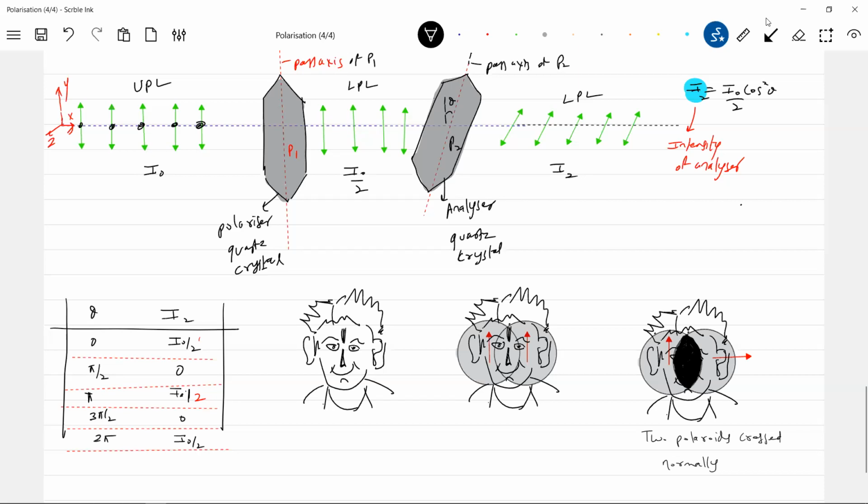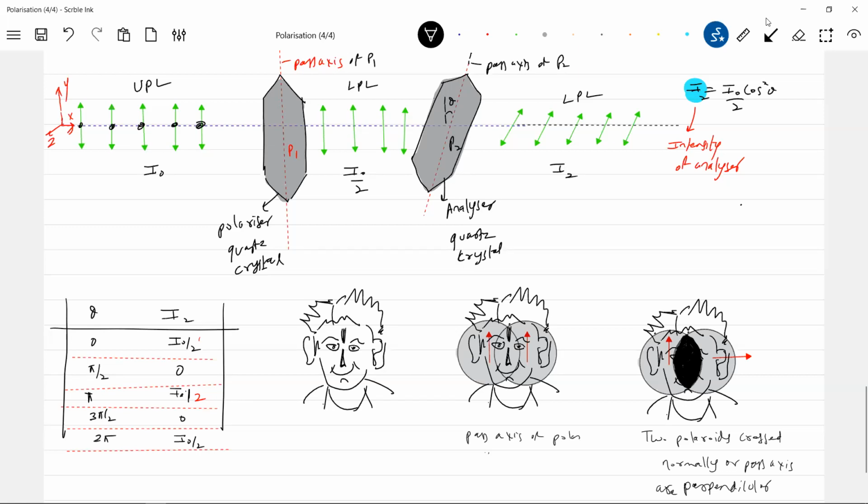Crossed normally means their pass axes are perpendicular. Here the two polaroids are oriented parallel, right?